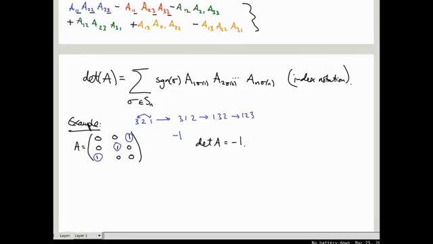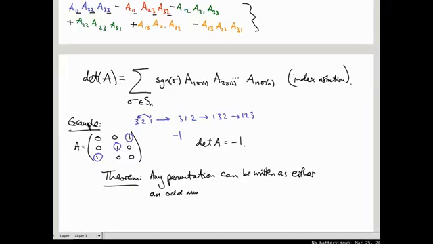So this is a theorem which I'm not going to prove, which is that any permutation can be written as either an odd number of transpositions or an even number, but not both.